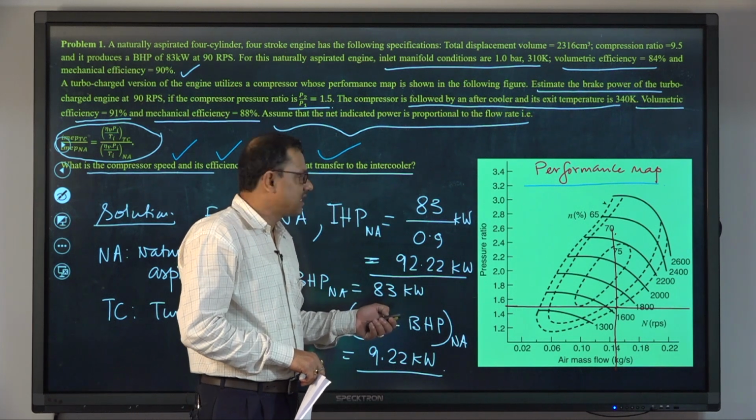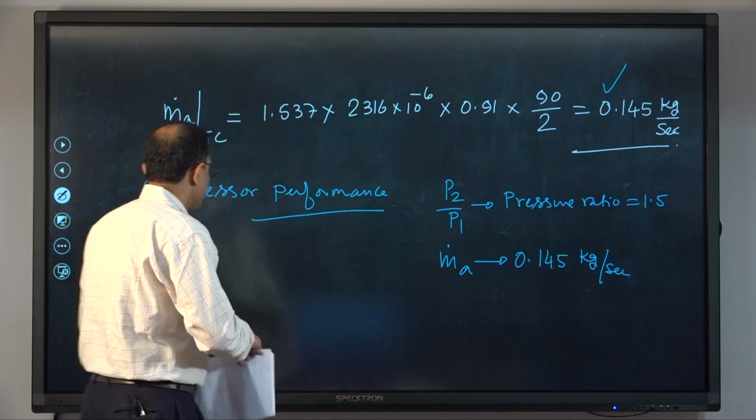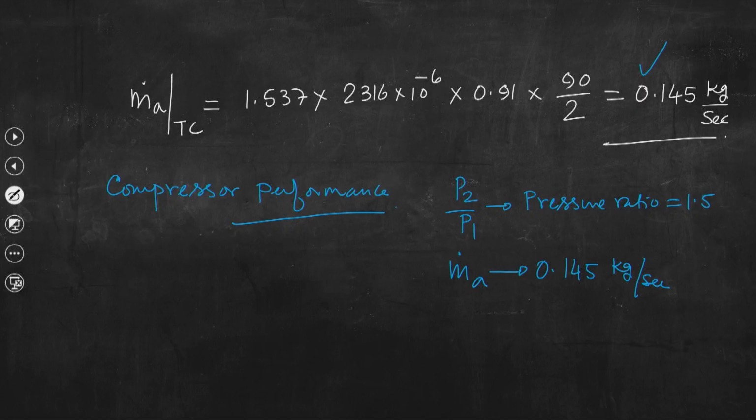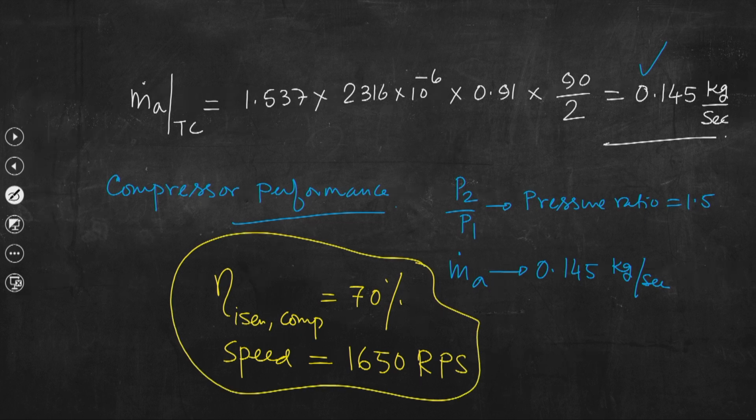For this particular case, the isentropic efficiency of the compressor will be 70%, and the speed of the compressor will be 1650 rps. These two data we get from the performance map.